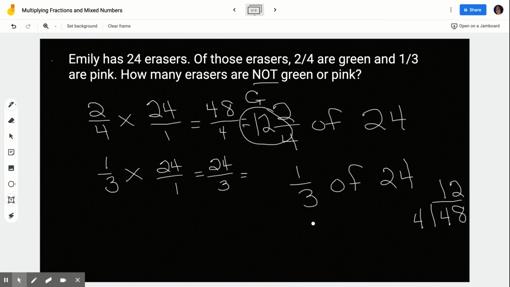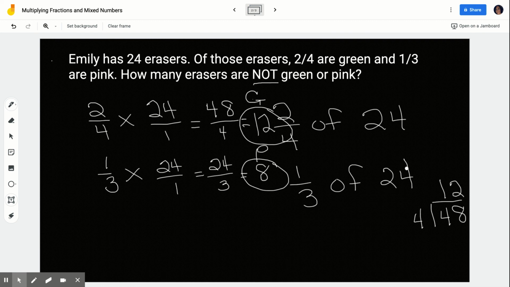Again, I know my fact families. So I can say 24 divided by 3, or you could go on to the side and work it out. Of course, I love when you work out math problems. 24 divided by 3 is 8 wholes. So Emily has 8 pink erasers.